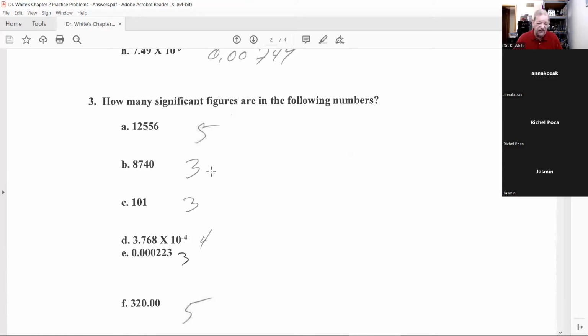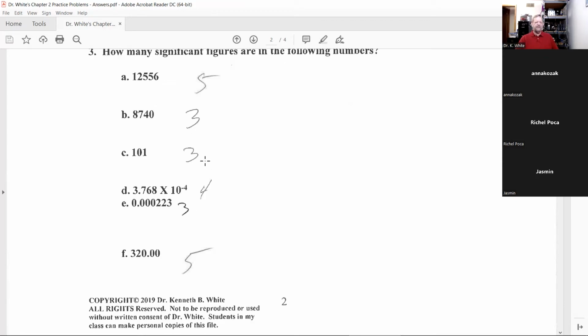That's not significant. So there's 3 significant figures. Now, zeros that are between non-zero numbers are significant. So if we look at C, 1, 0, 1, the 0 is between 2 non-zero. The non-zero are significant, that's significant, and the number is 3.